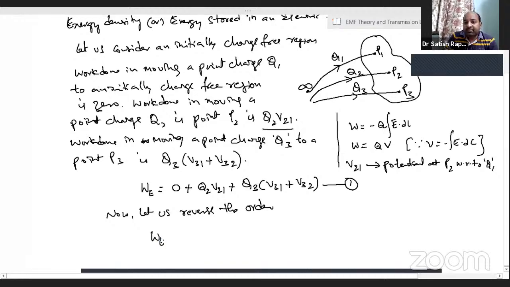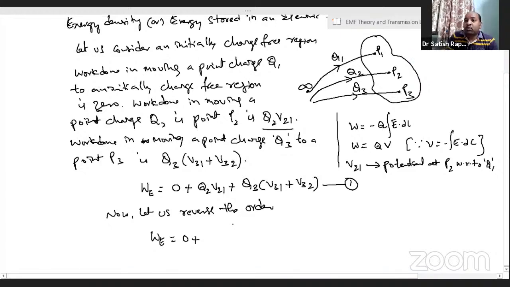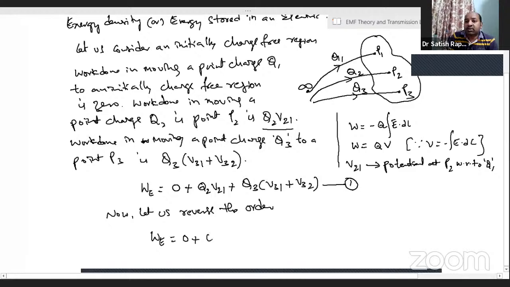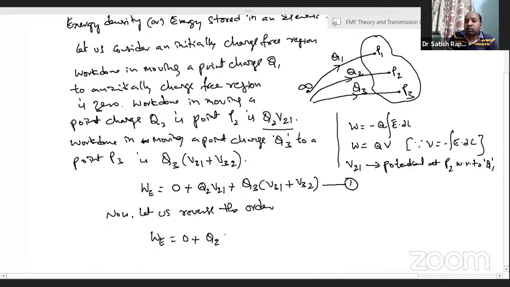So therefore WE is equal to 0 plus, now, Q2. What is the work done? Q2 V23, where V23 is the potential at point P2 with respect to Q3, because Q3 is placed first.